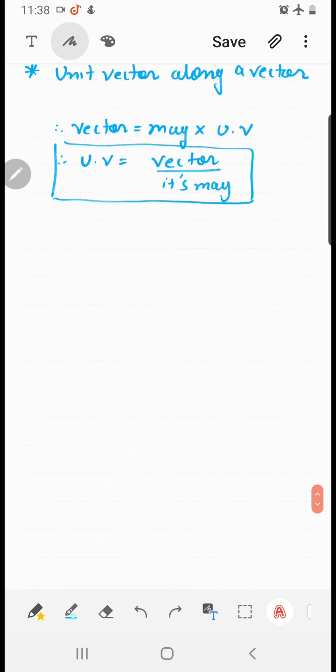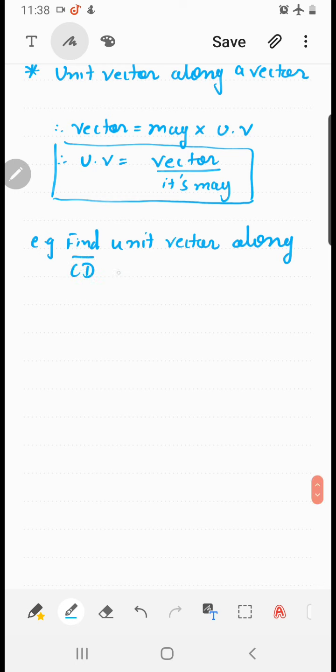Here, let me take one example for unit vector. Find the unit vector along CD bar where C is minus 1, 2, 0 and D is minus 3, 5, minus 1.